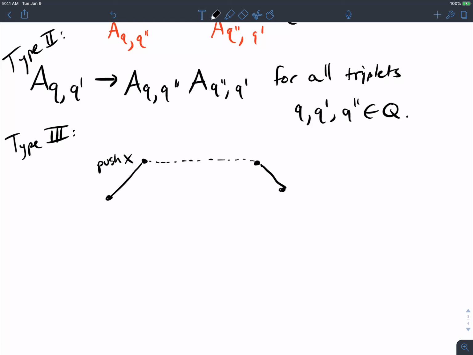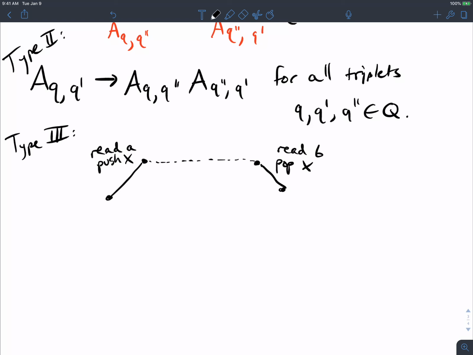It has to pop X because it never touched 0 at any point in the middle. So pops X. Well, it could be that these 2 transitions read or don't read or read different things. Let's just assume that the first one reads an A and the second one reads a B. The A and the B in both of these cases could be both epsilon.